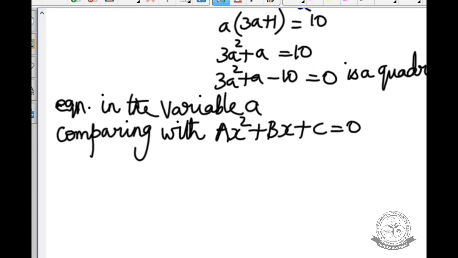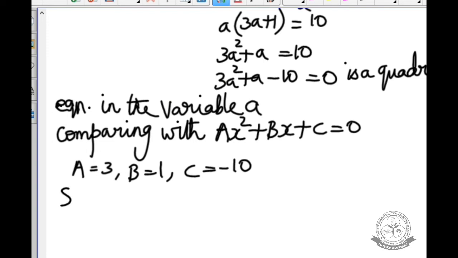Comparing with the general form, the coefficient of a squared is 3, so capital A equal to 3. Next b, the coefficient of a is 1, so b equal to 1. Constant term c equal to minus 10.